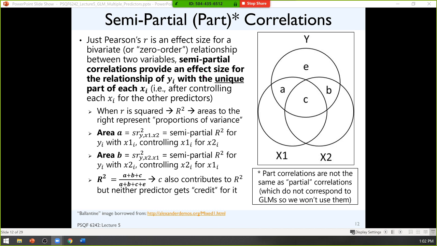Has anyone had this before? Maybe? Sounds vaguely familiar? Not to be confusing, but there is such a thing as a partial correlation and a semi-partial correlation, and those are not synonyms. But a semi-partial correlation is the same thing as a part correlation. So you may hear it phrased that way.